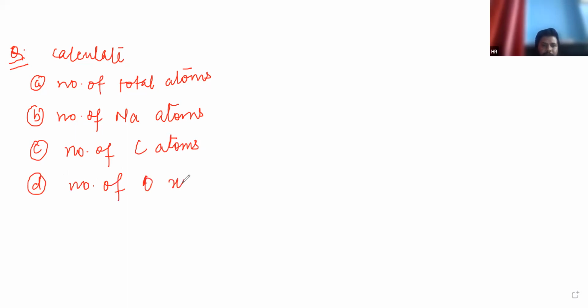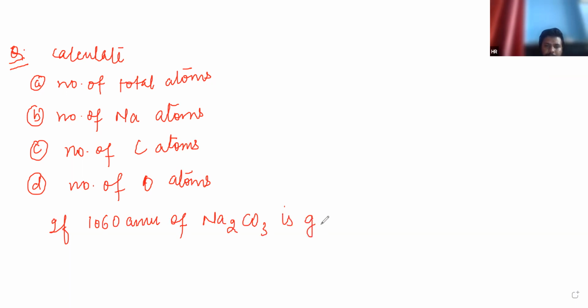O atoms means oxygen atoms. If 1060 AMU of Na2CO3 is given.